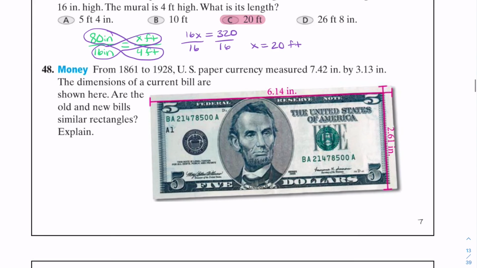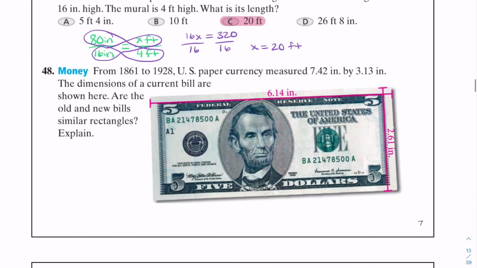All right, money is our last example here. From 1861 to 1928, the U.S. paper currency measured 7.42 inches by 3.13 inches. The dimensions of the current bill are shown here, which is 6.14 by 2.61 inches. Notice in 1928, we're talking Depression era, the economic depression that we had in the late 20s, early 30s.